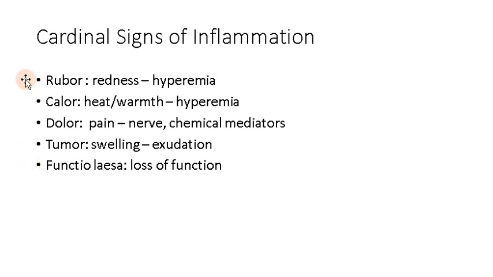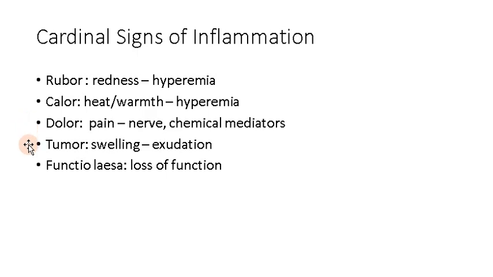Kapag merong heat, or in Latin, that's calor or warmth, that's also due to hyperemia or increase in blood flow. Dolor, that's pain. Masakit ang inflamed area because masyadong sensitive yung nerve, and also there are chemical mediators that are being released to stimulate the nerve.